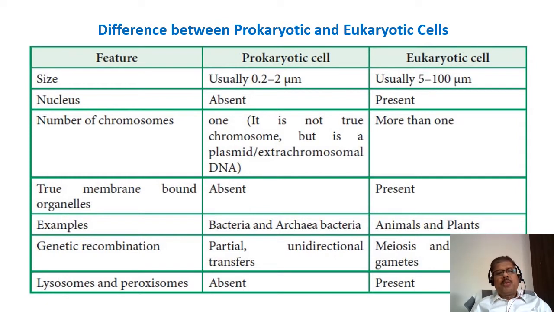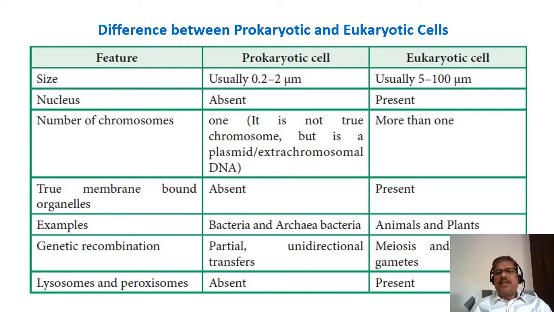So this table gives information on the difference between prokaryotic and eukaryotic cells. The first one is the size. In prokaryotes, it ranges from 0.2 to 2 microns.